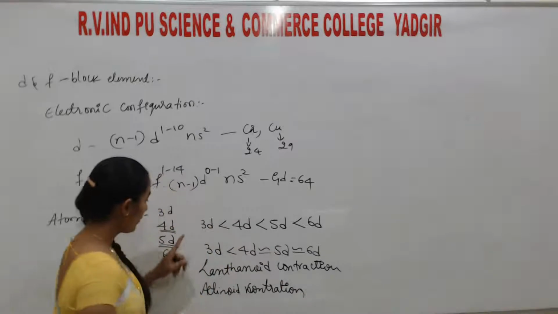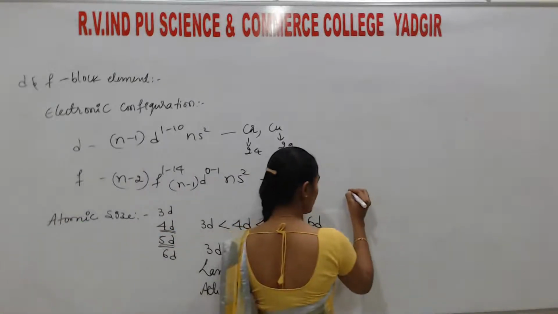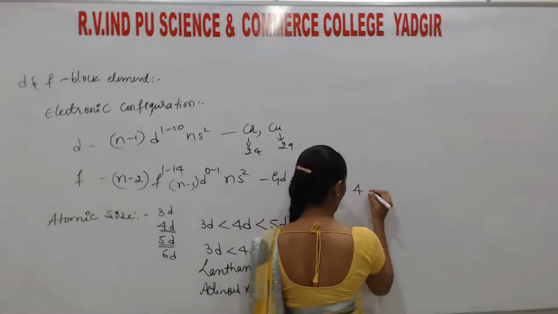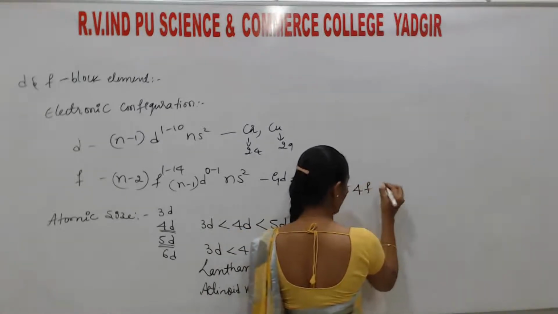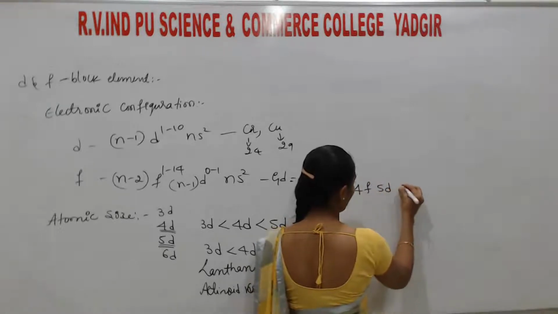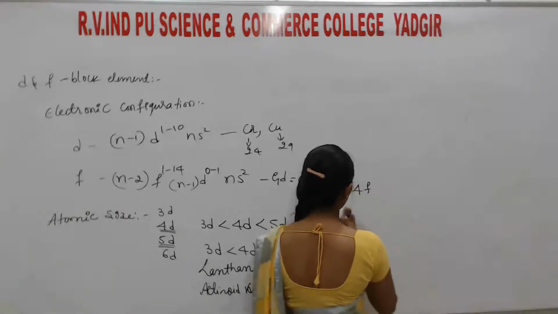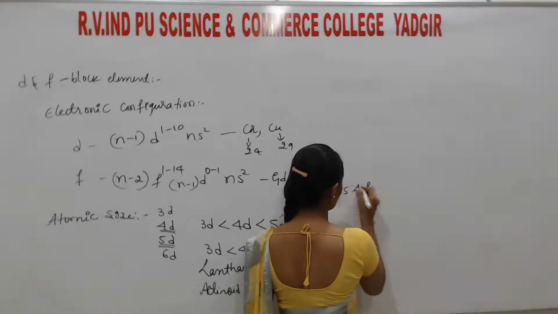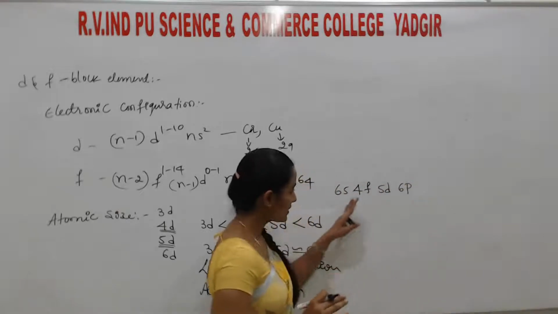Remember here, when we write the electronic configuration, we used to take 5s, 4f, 5d, 6s, 4f, 5d, 6p. This is the order.